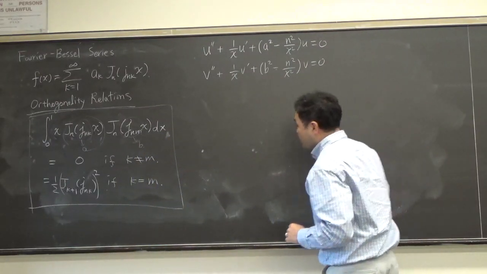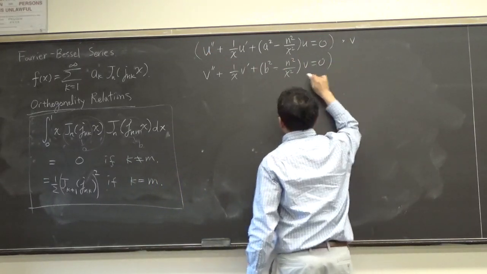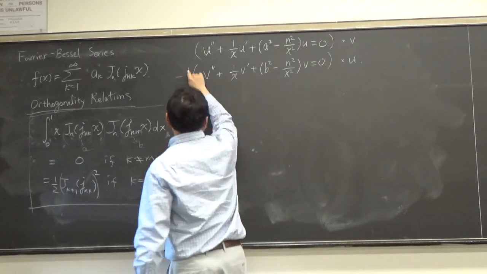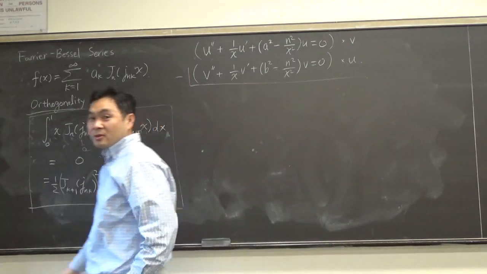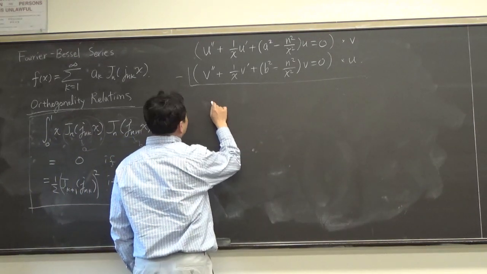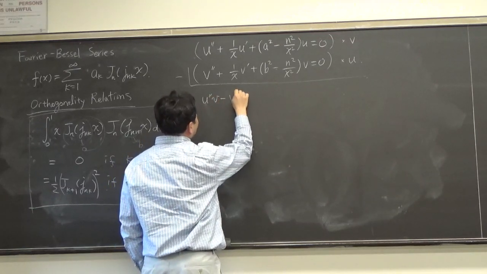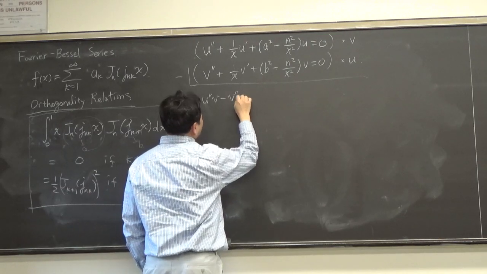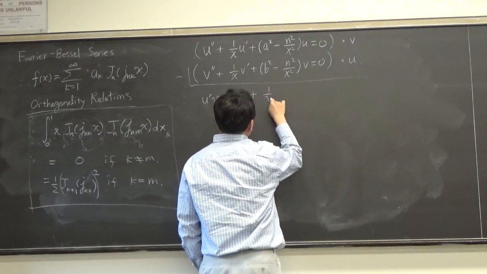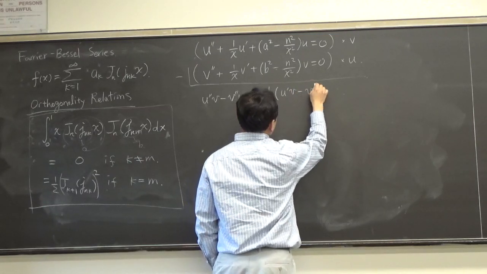So having this, now we multiply this one by v, and we multiply this one by u, and subtract. That's going to give us u double prime v minus v double prime u, plus 1 over x times u prime v minus v prime u.